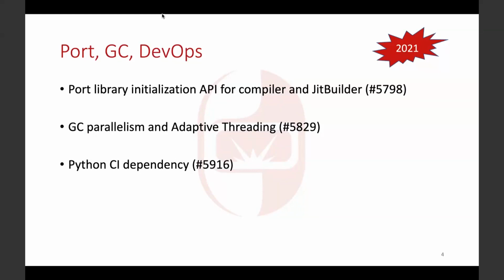We've talked about lots of that in the past, but there was an attempt earlier last year to work on the API to initialize JIT Builder with the compiler. So I think that work is still ongoing and unfortunately had to be shelved for several months. But there still is the longer term goal of making that coupling more explicit and having a port library ready to be used for various purposes in the compiler.